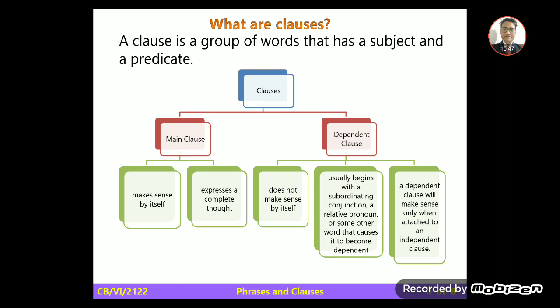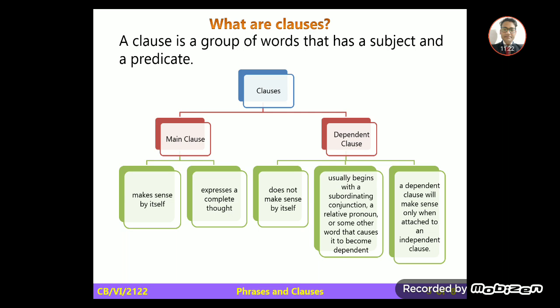So for adding dependent clauses, we use words such as which, what, that, who. And a dependent clause will make sense only when attached to an independent clause. So keep this in mind.